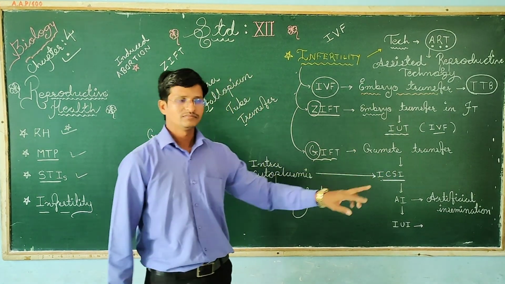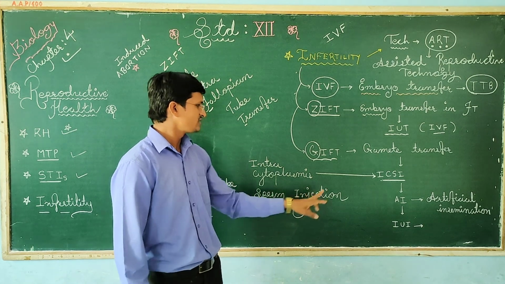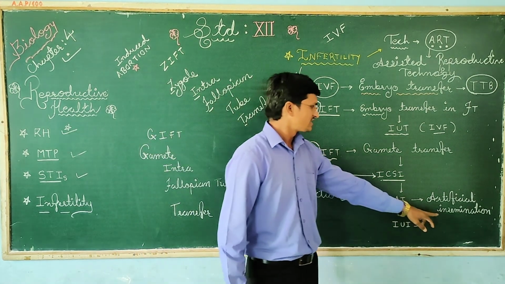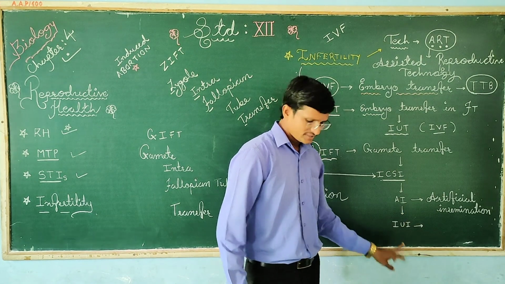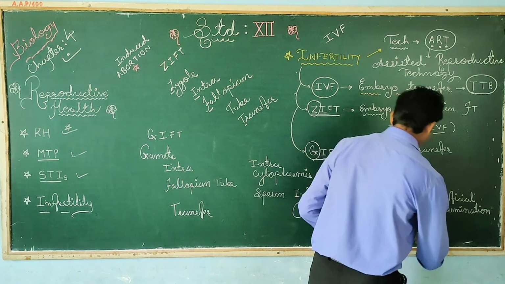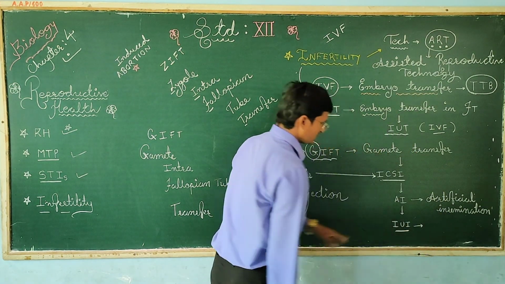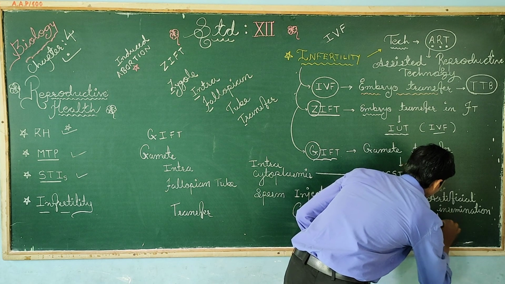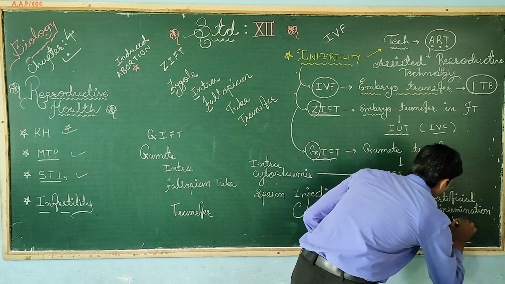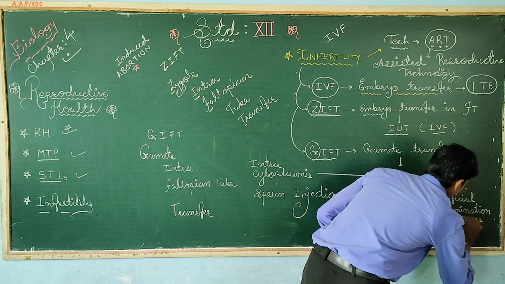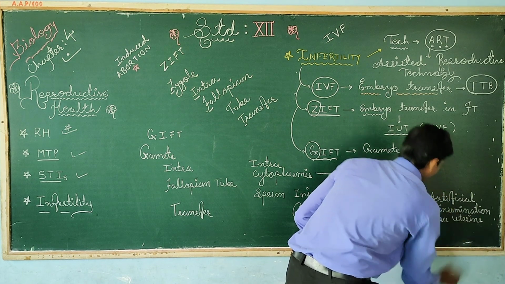It is a sperm injection done by artificial insemination, AI, and lastly IUI, that is intrauterine insemination.